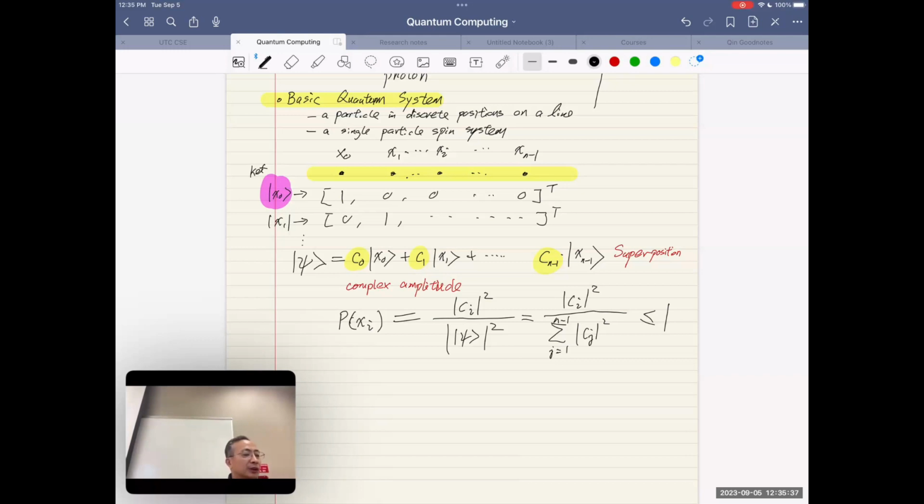So this is actually a probability, which we have better intuition with. And if we observe the particle at a particular state, we often say that the system has collapsed, or is observed at that particular state.